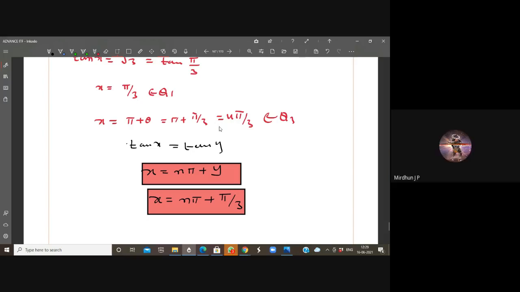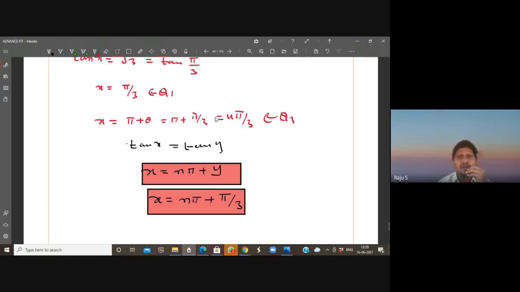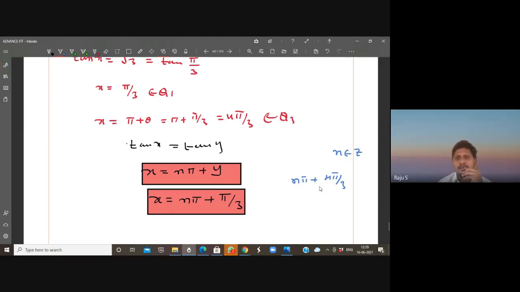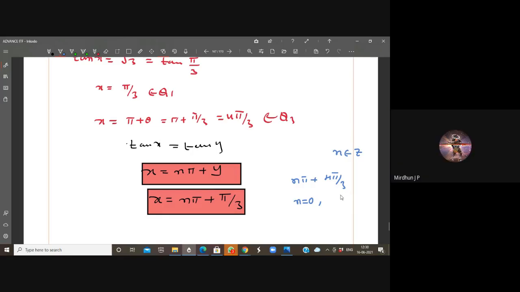Let's see: n pi plus 4 pi by 3, where n belongs to Z. When I substitute n value as 0, we get 4 pi by 3. You should not get pi by 3? Let's try.